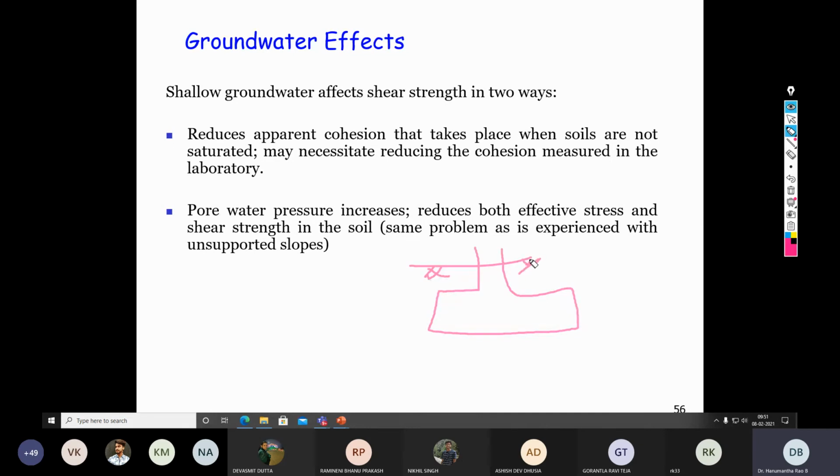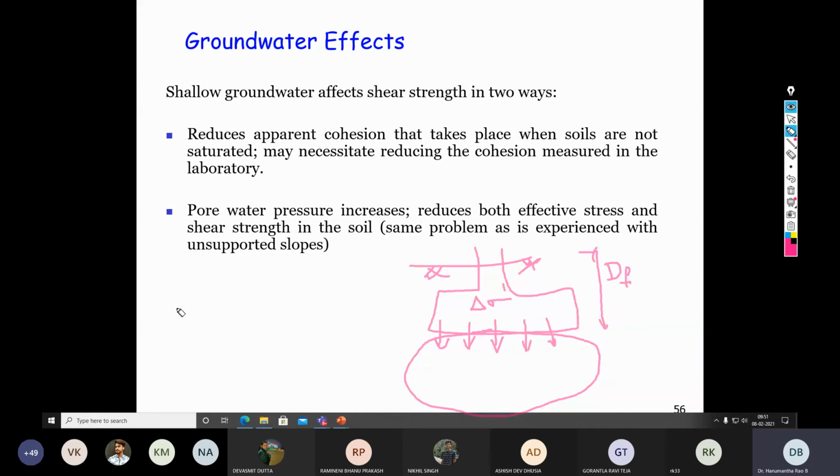The footing is located at some depth from the ground surface, that is called Df, and this is the soil. So this entire soil mass is subjected to the stress condition. Now as a result of this stress, which can also be designated with delta sigma dash, the same term which you used in the consolidation equation.